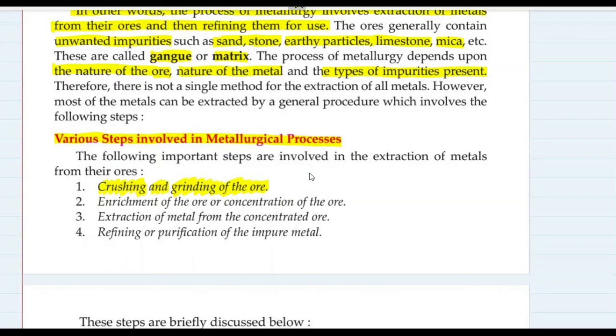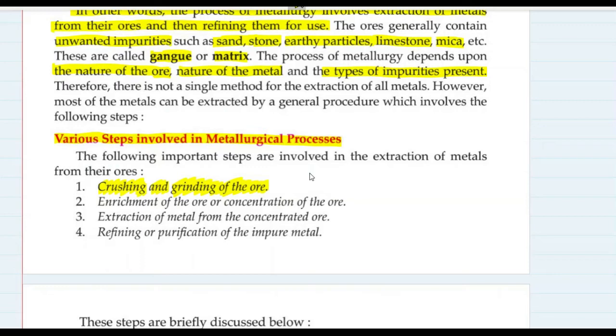And for chemical reaction, one of the most important characteristics which we studied in the first chapter is that there should be a large enough surface area. If there is a large surface area, then the extraction process becomes easier.